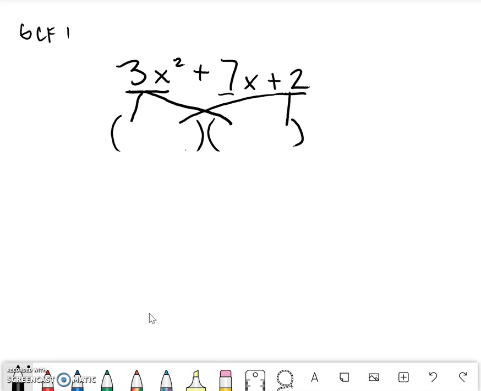Then the other part of this is we're going to multiply these two inner pieces, and we're going to multiply the two outer pieces. And the goal here is when we add these two things together, we should get 7x. Okay, and so if you're like, what the heck? Just watch. This is what I mean.